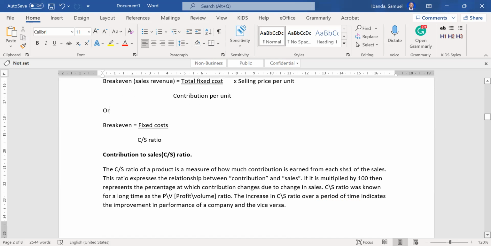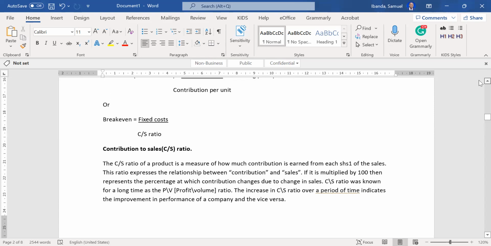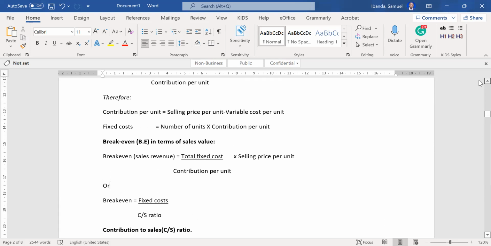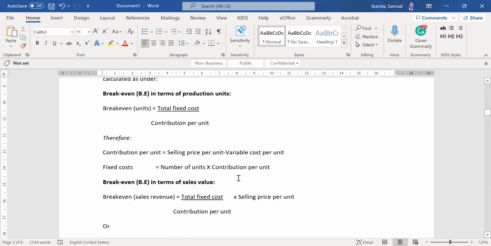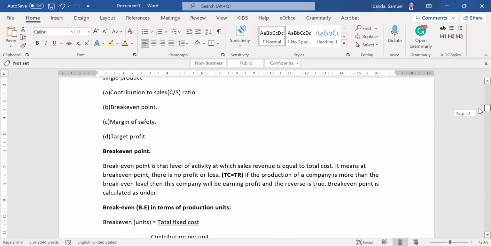we can have within the break-even formula, okay? So that is our break-even point in terms of what we have. So for CVP, I'm going to share these with you.